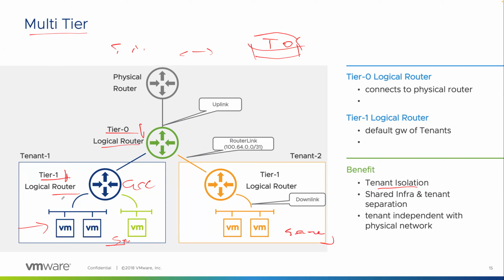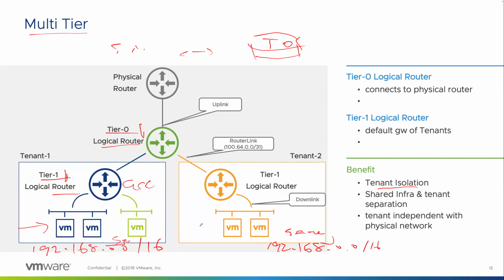That means tenant networking is independent of one another. If you have 192.168.0.0/16 for the yellow tenant, you can have the same range of IP addresses, 192.168.0.0/16.